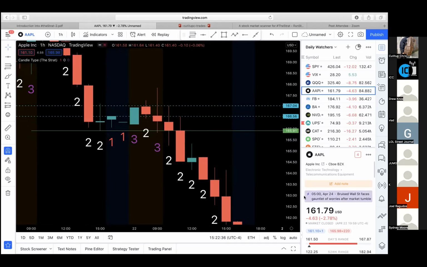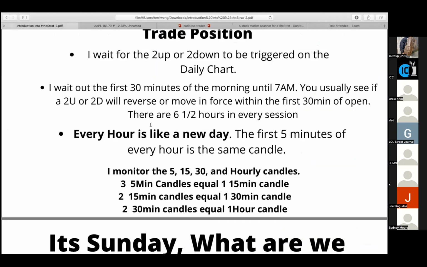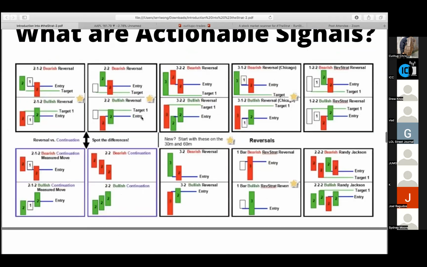So that's that. Do you interpret green 2 downs differently than red ones? Yes, for sure. So green 2 downs and red 2 downs are actually cool ones to play, and I'll tell you why. Right here, 3-2-2 bearish reversal, 3-2-2 bullish reversal.